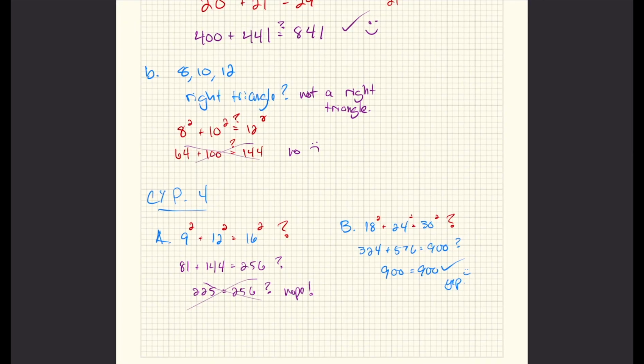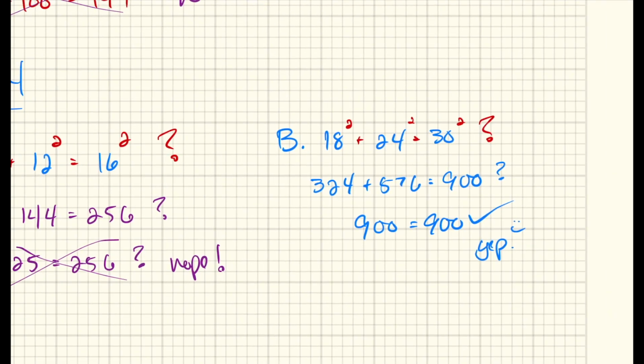All right, so you can see my work for check your progress 4A and 4B. 9, 12, 16, no, that is not a right triangle. It gets close, but it does not actually work. 18, 24, 30, yes, that is a right triangle. In fact, that's another Pythagorean triplet because they're all integers, but they definitely do work in your Pythagorean theorem.